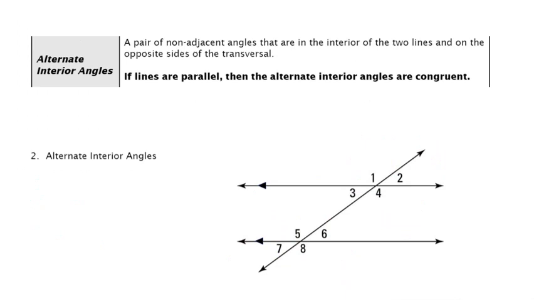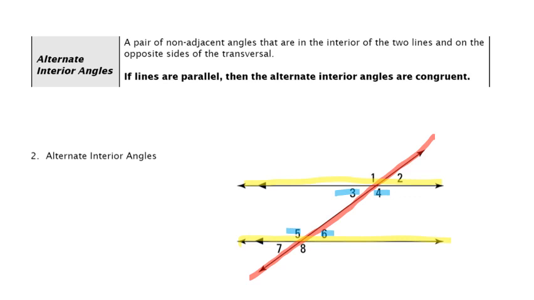The second definition we have, and again, it's in the name, is alternate interior angles. So alternate interior angles, if we look at what that says, we have our transversal. We're looking at, again, our interior angles. So that would be 3, 4, 5, and 6. And then I'm going to trace my parallel lines here.